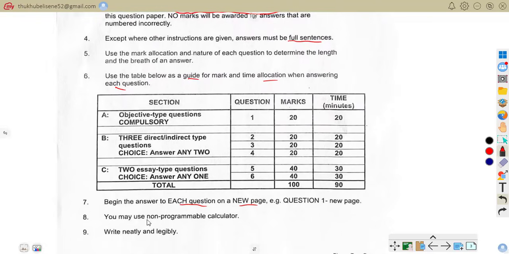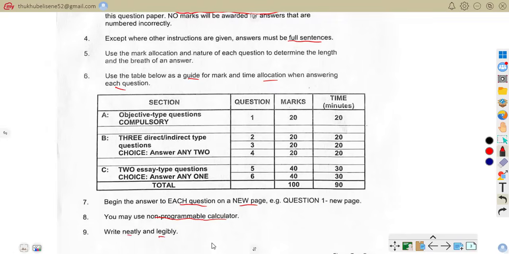Instruction number 8, you may use a non-programmable calculator. And lastly, write neatly and legibly. So go through those instructions. They are very important so as to avoid mistakes or errors while you are answering the question paper.